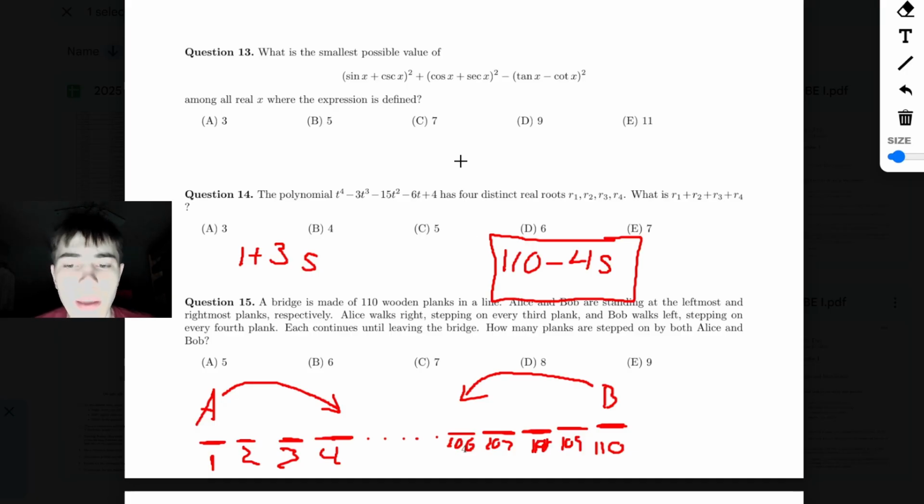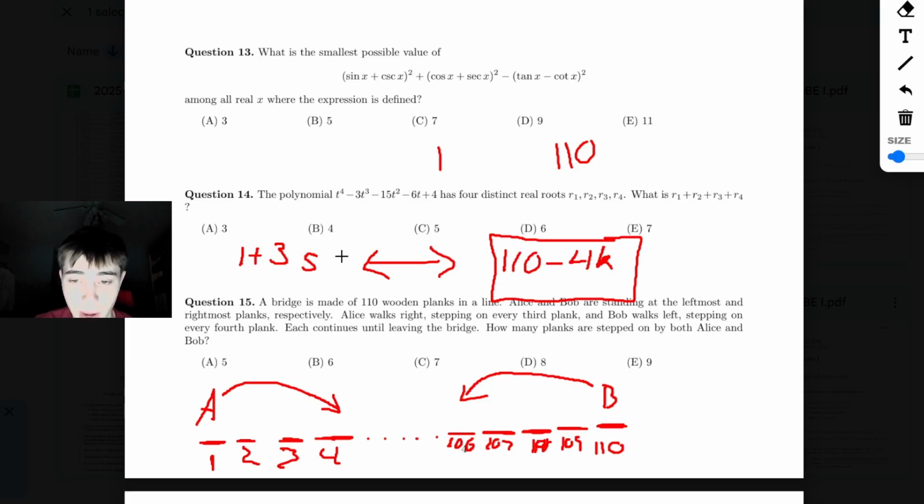So that means looking for every number from 1 to 110 that is in both of these forms, right? And that doesn't mean setting them equal. Here, I'll change that s to a k for Bob, okay? What that means is that you can write the number as 1 plus 3s and as 110 minus 4k.